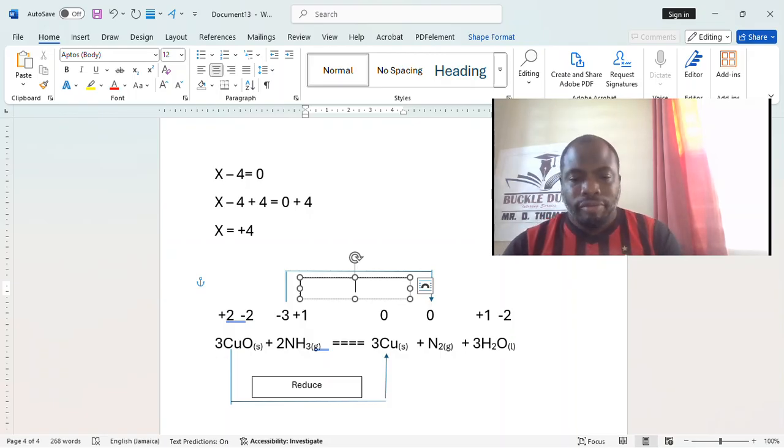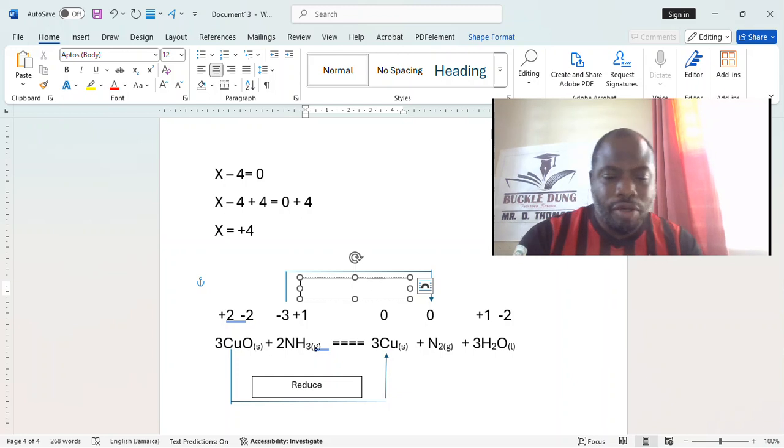So we know that an increase in oxidation number is oxidation. And so we know that the ammonia is oxidized.